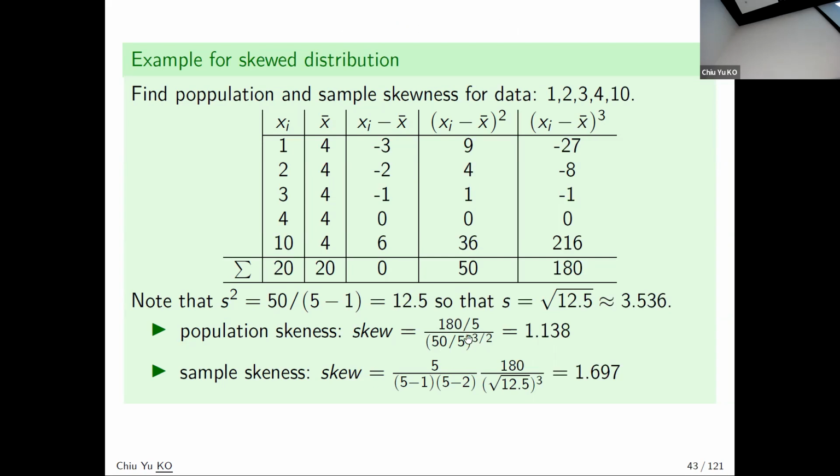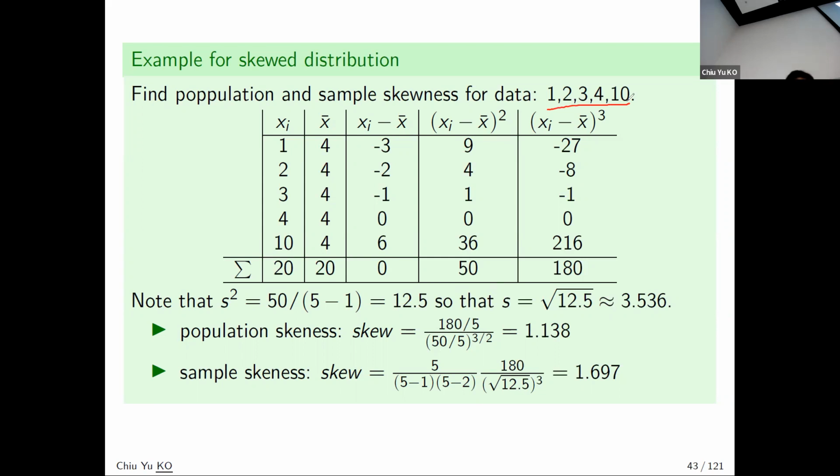And look at the same thing. If you look at this data, 1, 2, 3, 4, 10, you can immediately see this is a right skew, because the middle, or the median, is 3. 1, 2, 3 are a little bit close to the mean, but 10 is very far away.